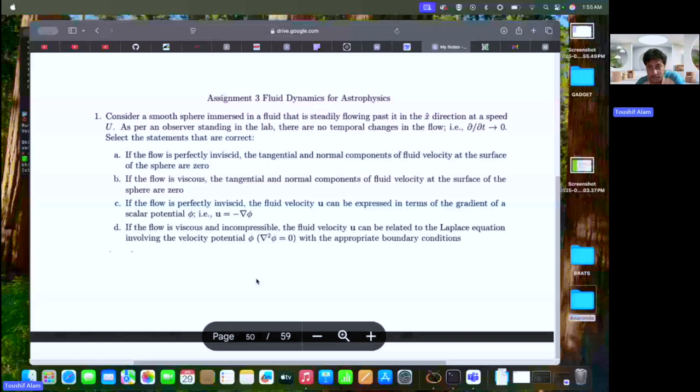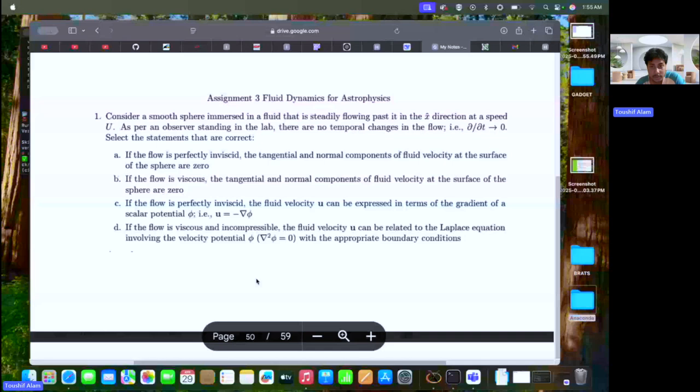So curl of U is zero, so U can be expressed as a gradient of a scalar. For viscous flow, this is not valid, because the curl of U won't be zero.